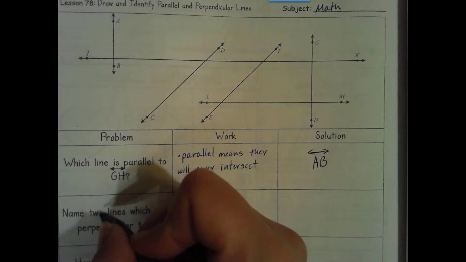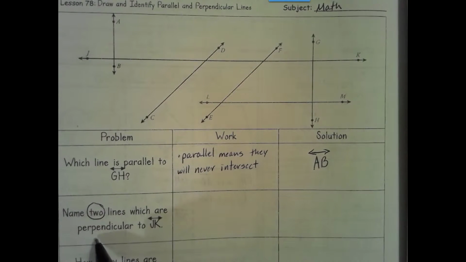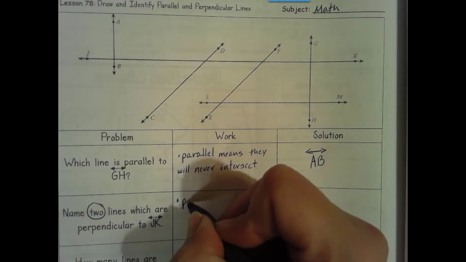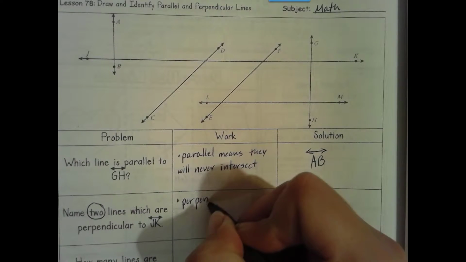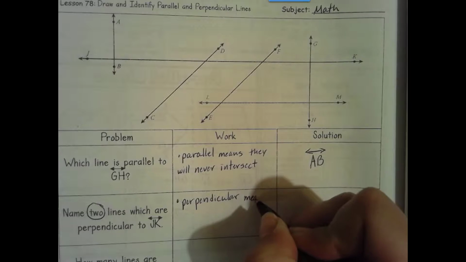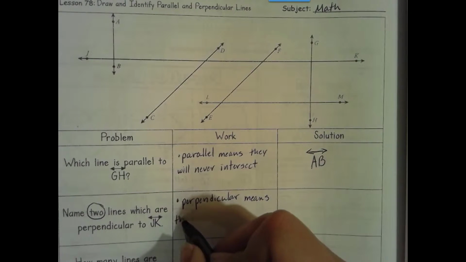Next, name two. We need two names. Lines which are perpendicular to JK. So remember, perpendicular means they form right angles.